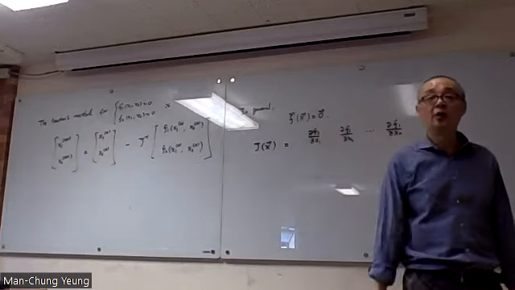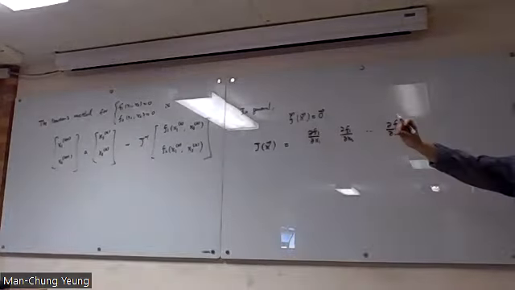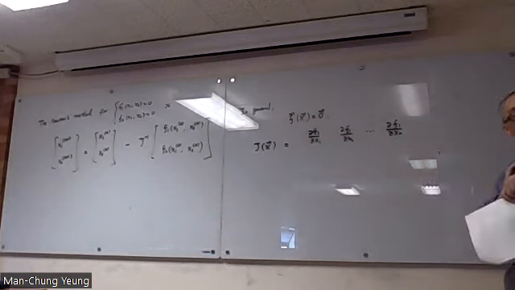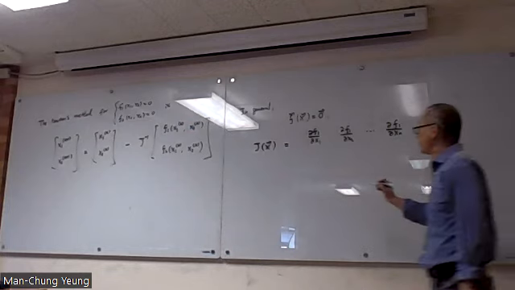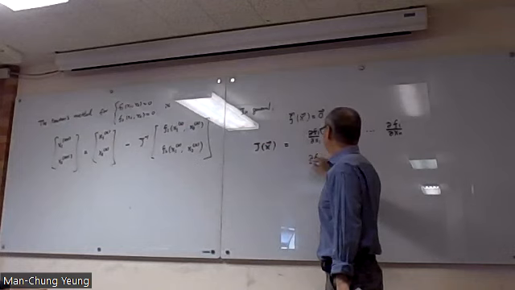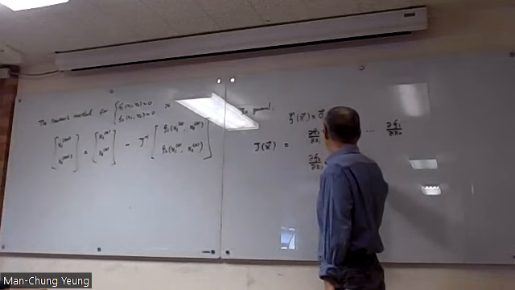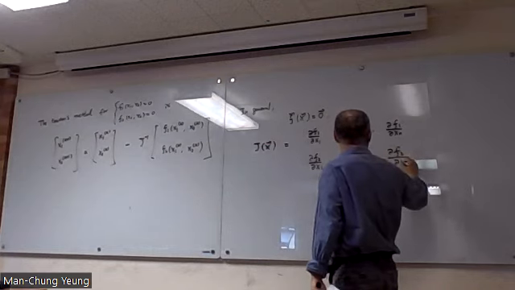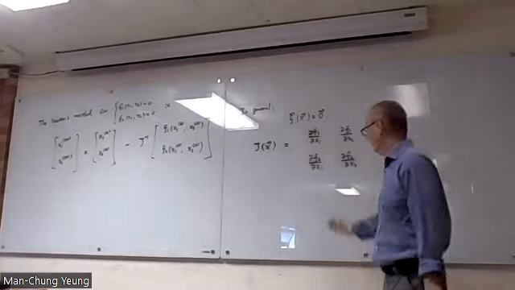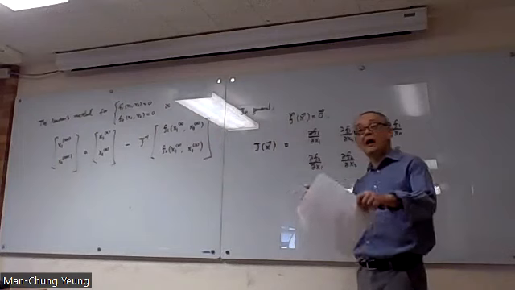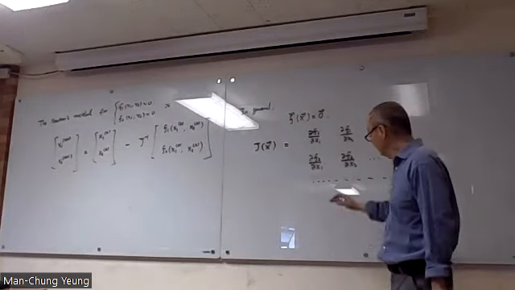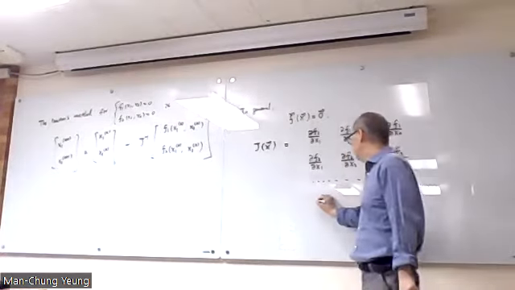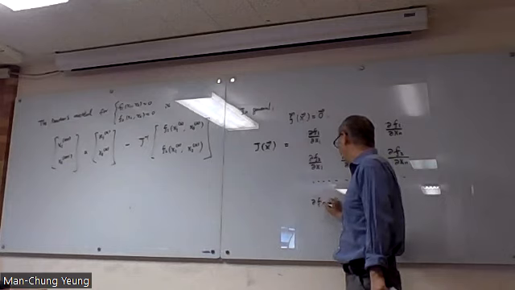Suppose we have n unknowns. Second row, partial derivatives of f2. The third row, derivatives of f3. The bottom row, derivatives of fn.